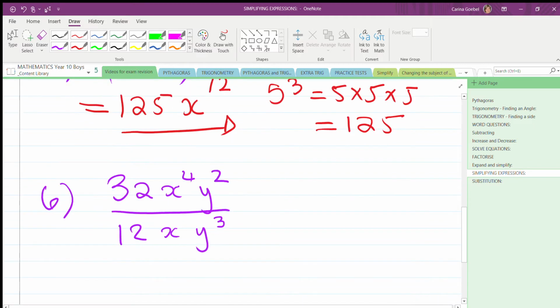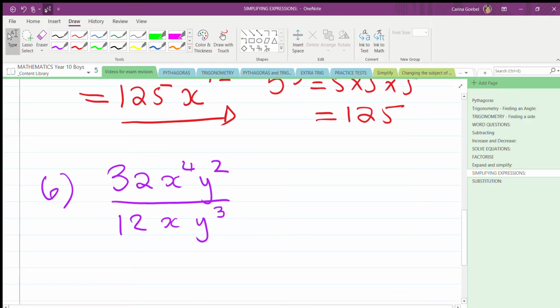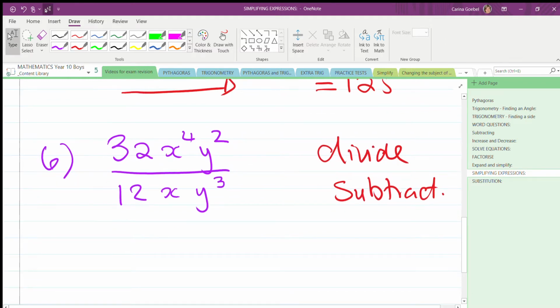Next one is we are dividing. When you divide, you're going to be subtracting your exponents. Be mindful when you are simplifying a fraction, you have a numerator as well as a denominator, so you need to keep track of that.